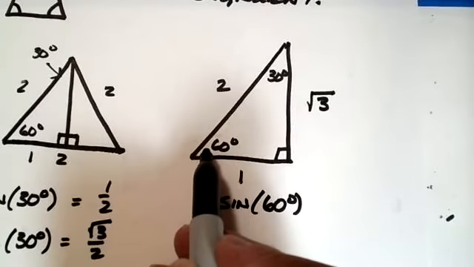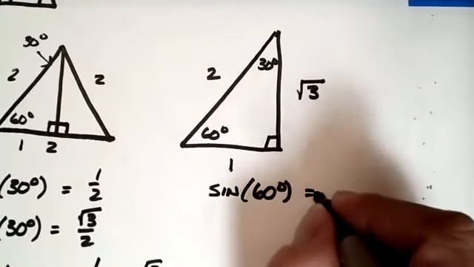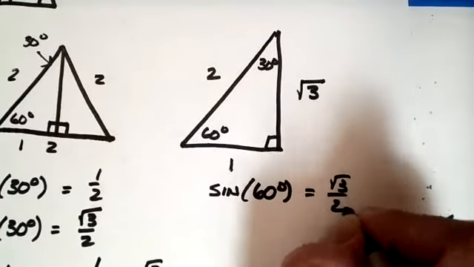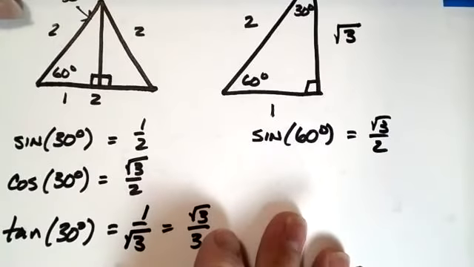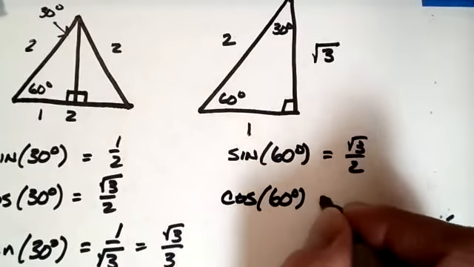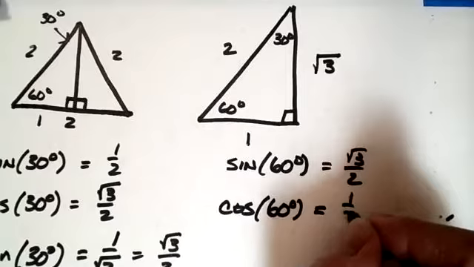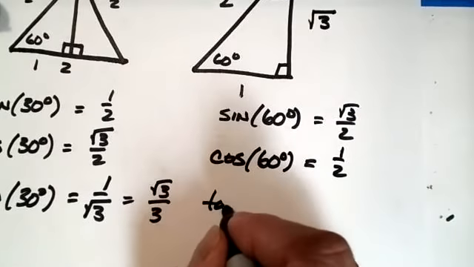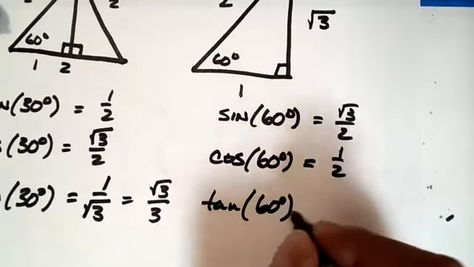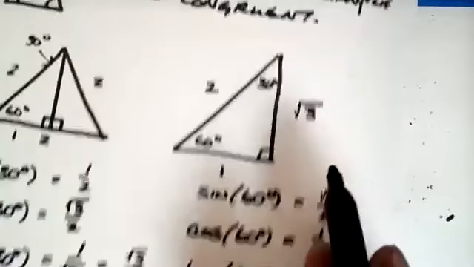Sine of 60 degrees is opposite over hypotenuse, which is in fact the same as cosine of 30. Similarly, cosine of 60 degrees is 1/2. And the tangent of 60 degrees is opposite over adjacent, square root of 3.